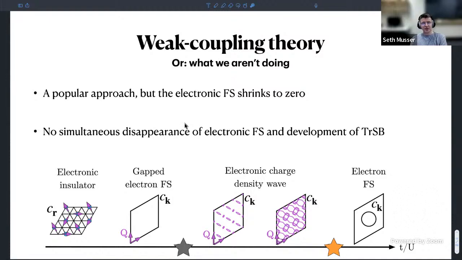So I summarize this on this slide. It's a popular approach, but there is no simultaneous disappearance of the electronic Fermi surface and development of translational symmetry breaking. Great. So we really want to understand how we could possibly have these things coincide.